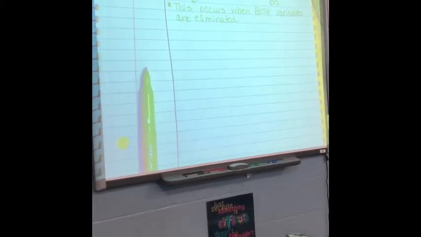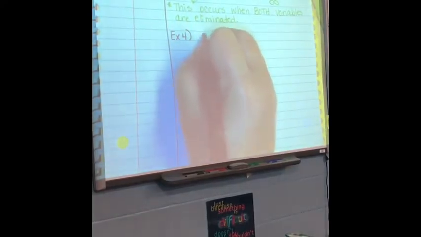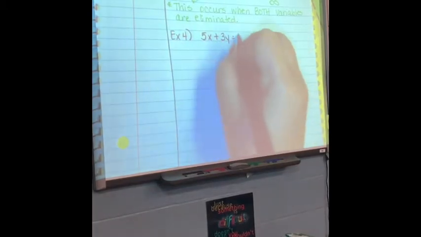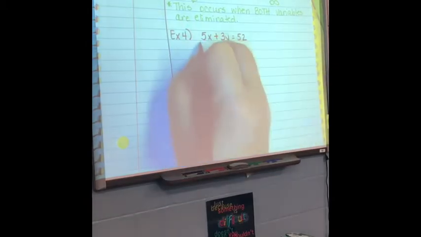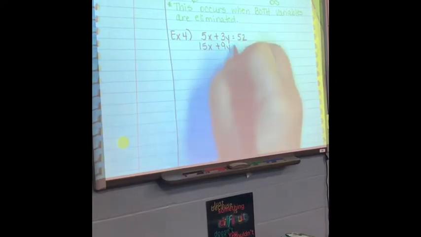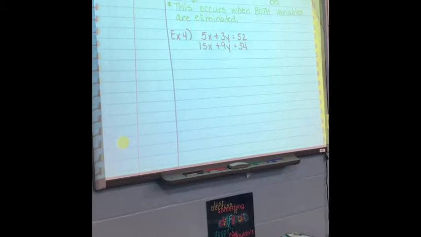Okay, so let's look at an example. All right, so I have 5x plus 3y equals 52, and 15x plus 9y equals 54.